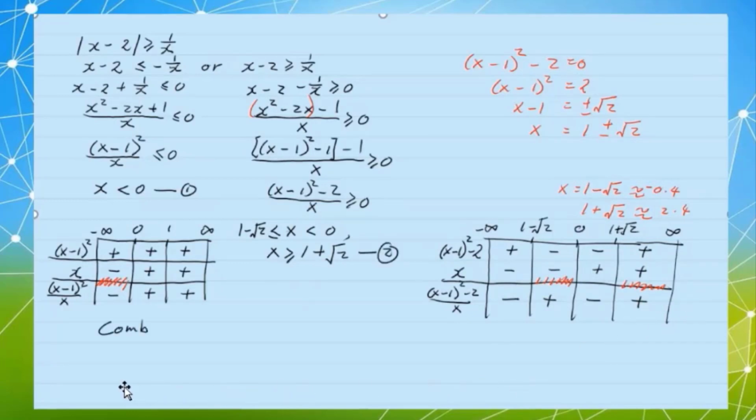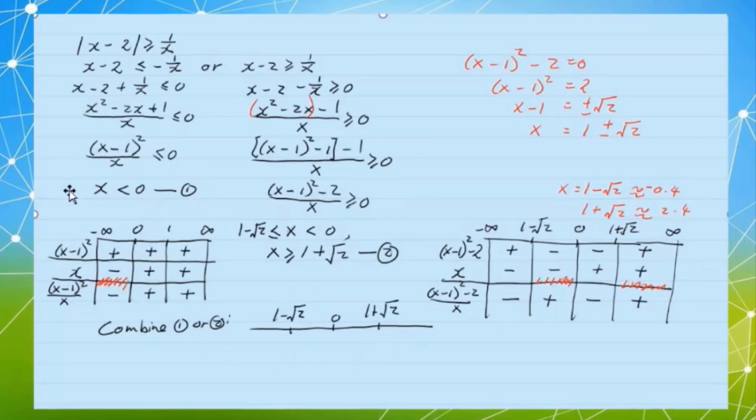Now we need to combine this set of values of x, number 1 and number 2, by using the conjunction OR. So first we mark the important points in this set of values of x on the number line. First is 1 minus square root of 2, followed by 0, followed by 1 plus square root of 2.